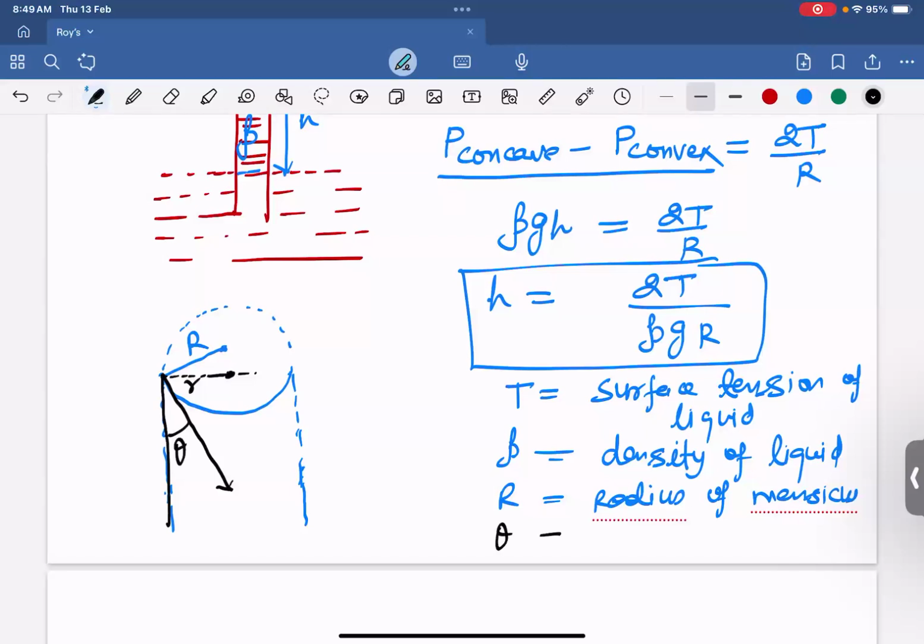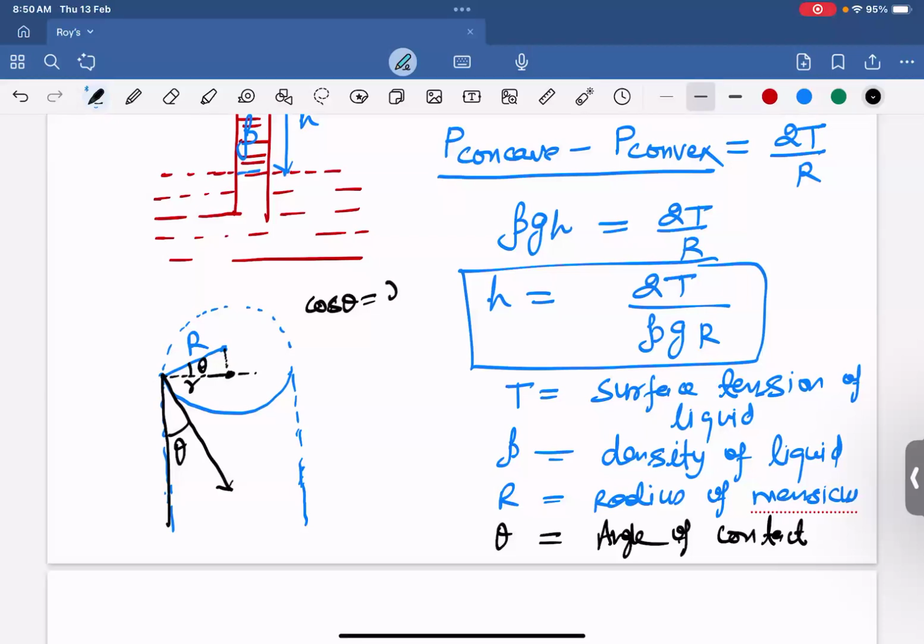So here theta I am writing as the angle of contact. Now if this angle is theta, this becomes 90 minus theta, so this again becomes theta here. In relation to R, you can see this is a right angle triangle. So I can use cos theta equal to base upon hypotenuse.